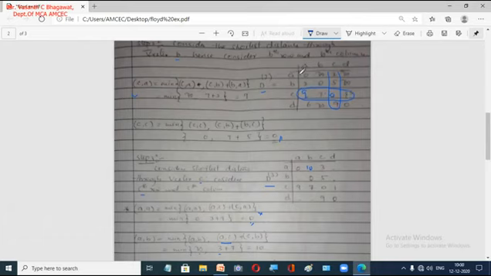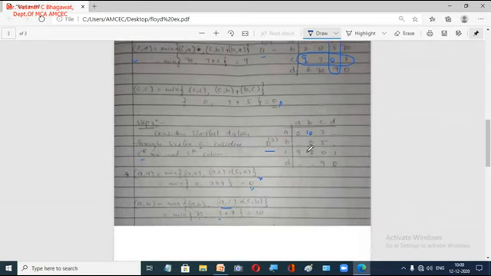So that is minimum of AD comma AC plus CD. So the equation is A comma D equal to minimum of AD comma AC plus CD, that is 3 plus 1.